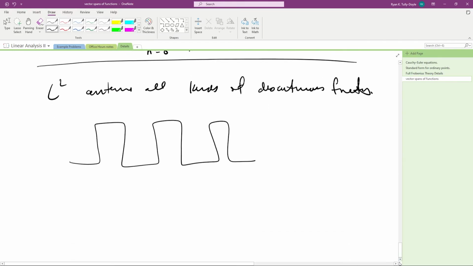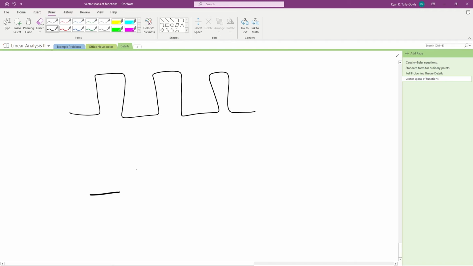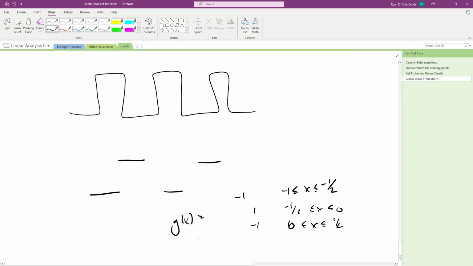And the way that you define it is it's a piecewise function that you define in chunks that look like this. So you could write that g of x is equal to -1 when x happens to fall between -1 and -1/2, 1 between -1/2 and 0, -1 between 0 and 1/2, and 1 from 1/2 to 1.